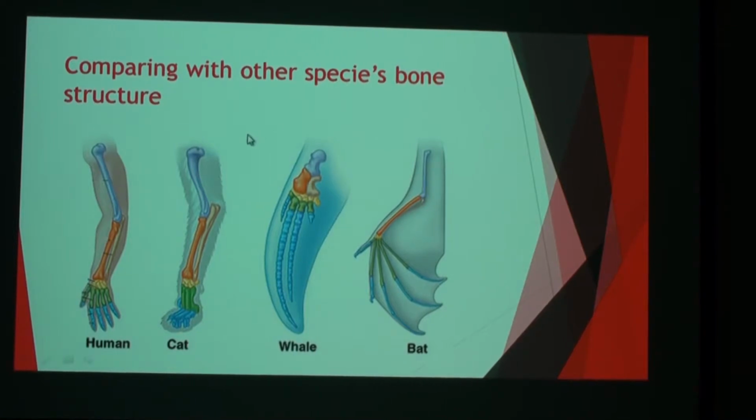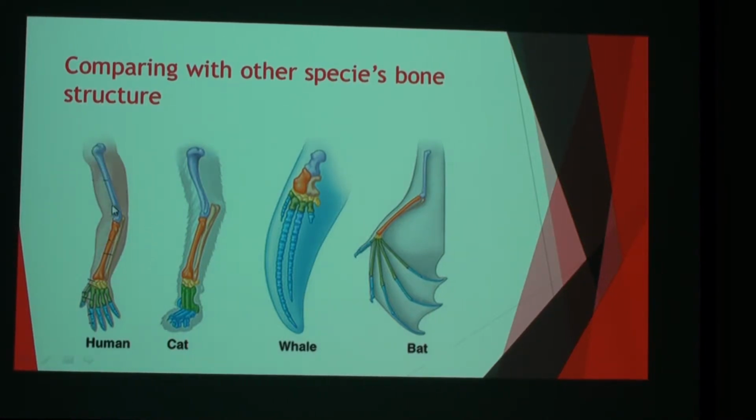Right here we're comparing the human arm and its bone structure to the bone structure of some other species. For example, here we have a cat, a whale, and a bat. And we can see the structures are really similar, and they also have similar functions.